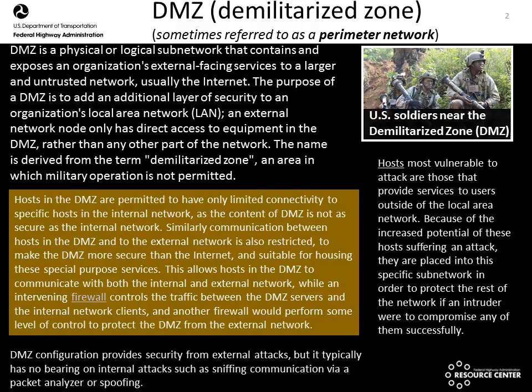This allows hosts in the DMZ to communicate with both the internal and external network, while an intervening firewall controls the traffic between the DMZ servers and the internal network clients, and another firewall would perform some level of control to protect the DMZ from the external network.